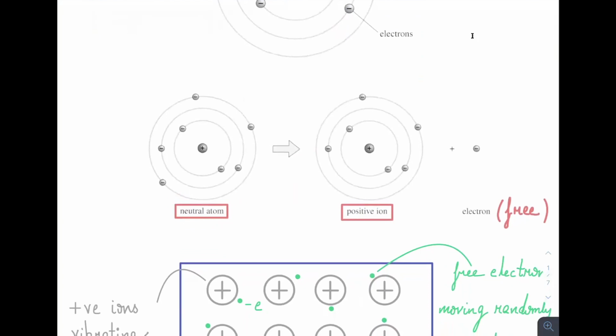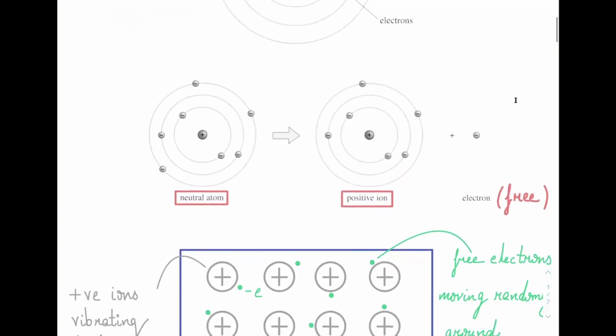But some atoms may easily lose an electron, leaving an atom with an unbalanced number of positive charges, and the atom is now called a positive ion. This is so in metals, where atoms are found to have one or more electrons not tightly held to the nucleus.